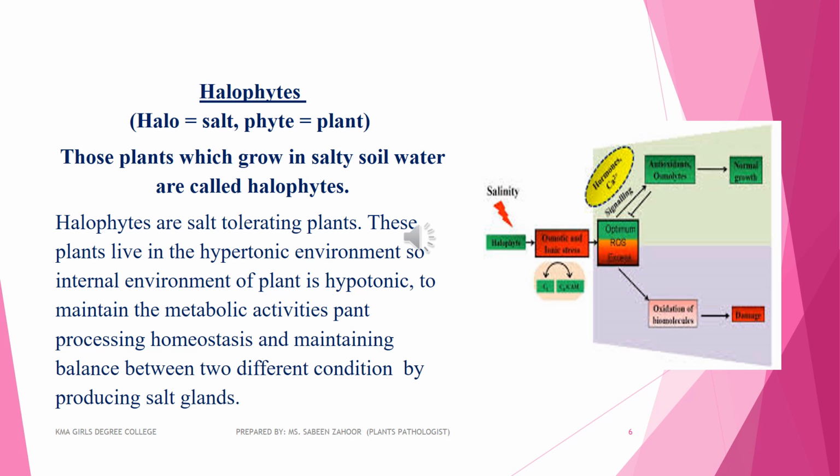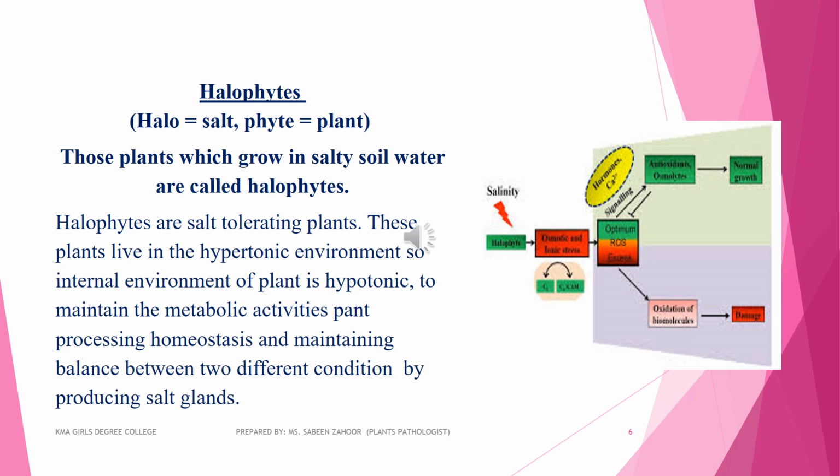These plants live in a hypertonic environment, while the internal plant environment is hypotonic. To maintain the metabolic activities, homeostasis, the plant maintains a balance between the two different conditions. First is the hypertonic condition and the other is the hypotonic condition.